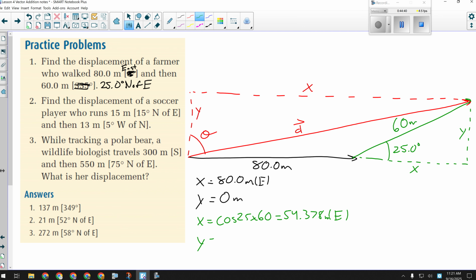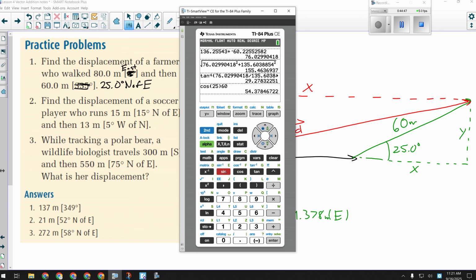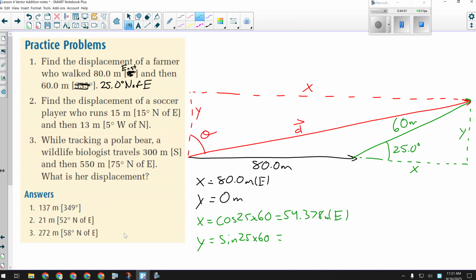And then Y is the opposite side, so sine of 25 times 60. So that side's 25.357 meters north.